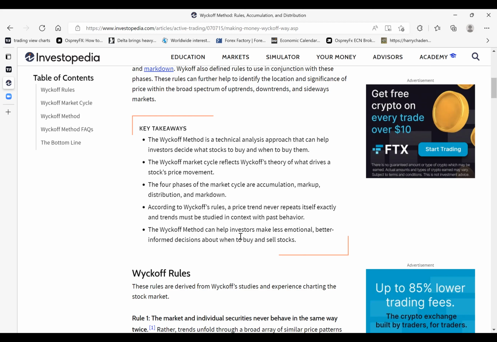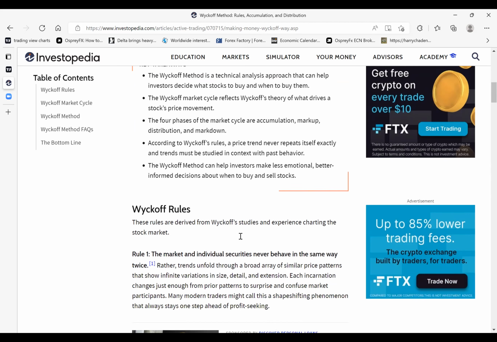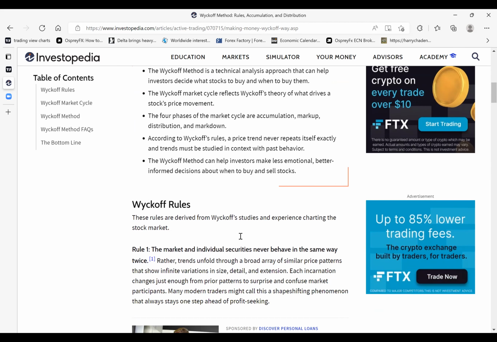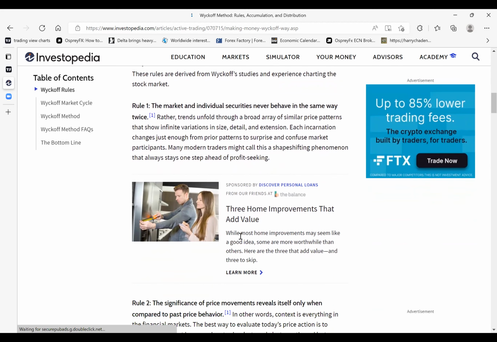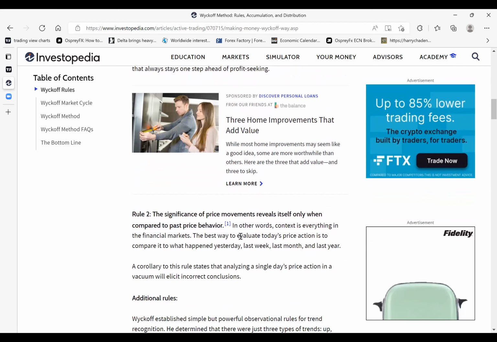So whether you're trading ICT or Wyckoff or some other trader, understand the concept and then place your rules around the concepts, right? So you can see his rules listed right here.